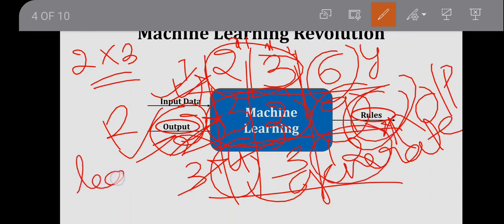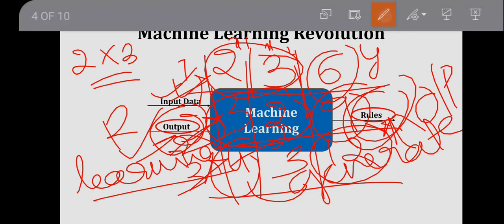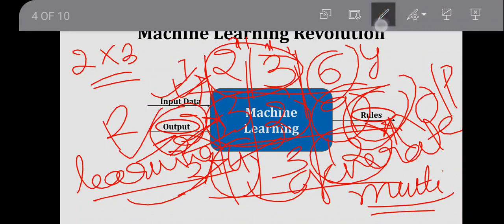So it is learning how a human learns, and what it is doing is finding the pattern. What is the pattern here? The pattern is multiplication of two numbers. So next time you give any number as input, it will produce the output.